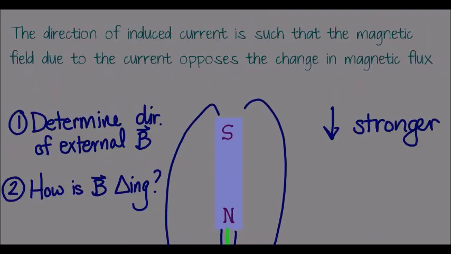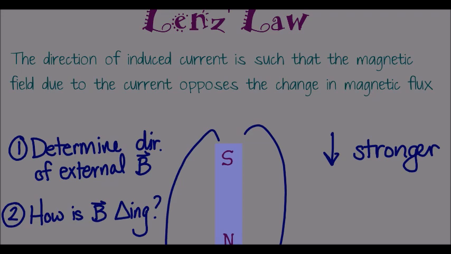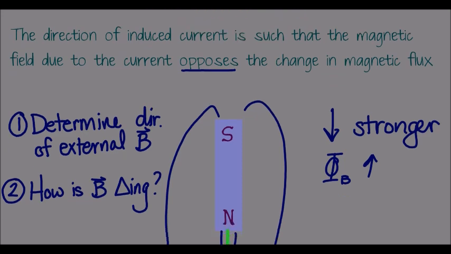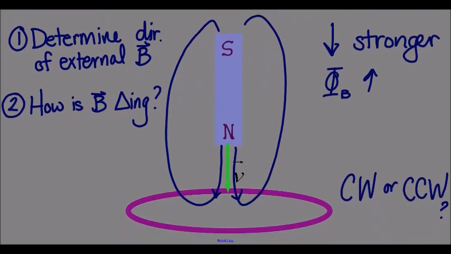Lenz's law says that we want to oppose the change in magnetic flux. Well, because it's a downward field that's getting stronger, that tells me that the magnetic flux is increasing. And so we want to oppose that. We want to decrease the magnetic flux, right?